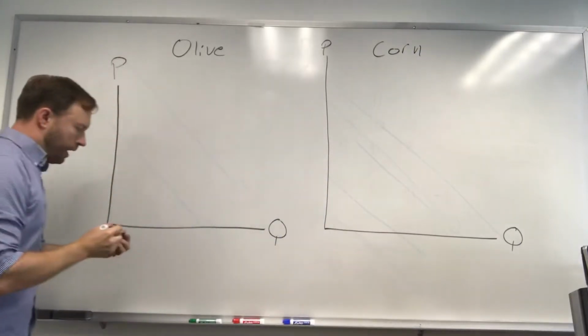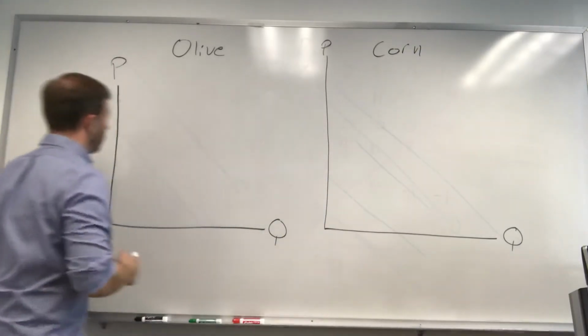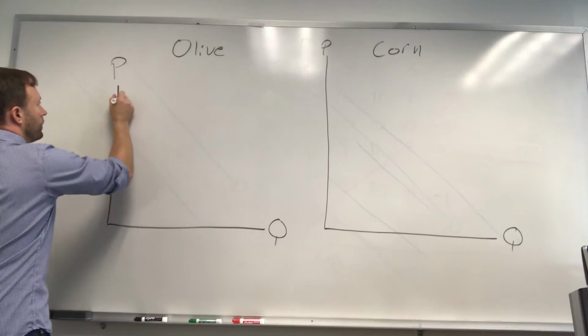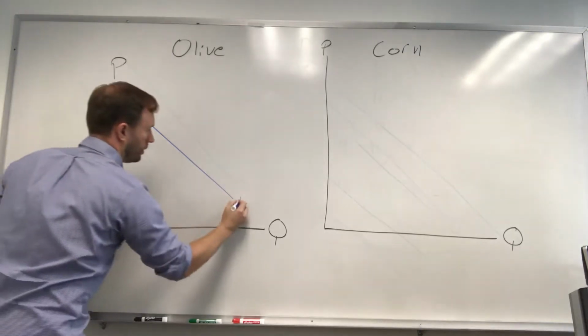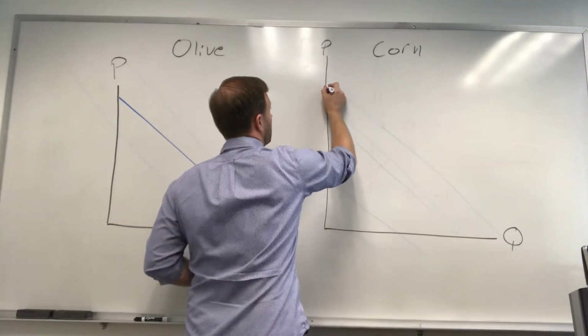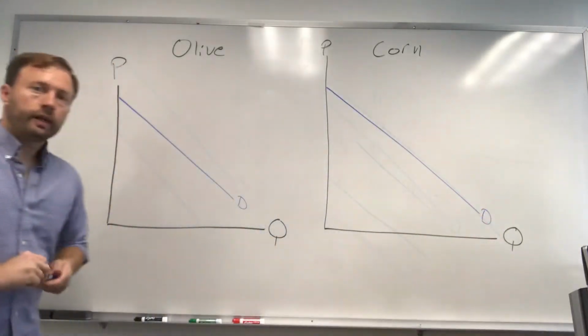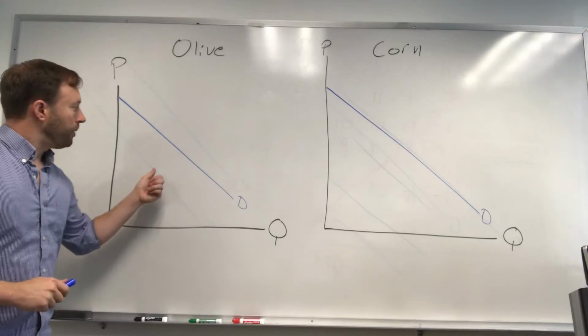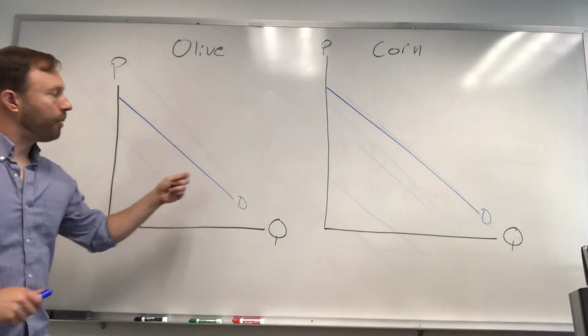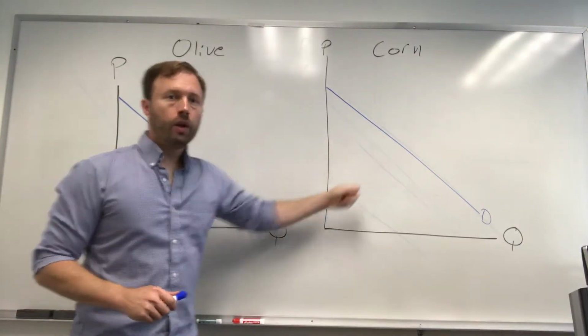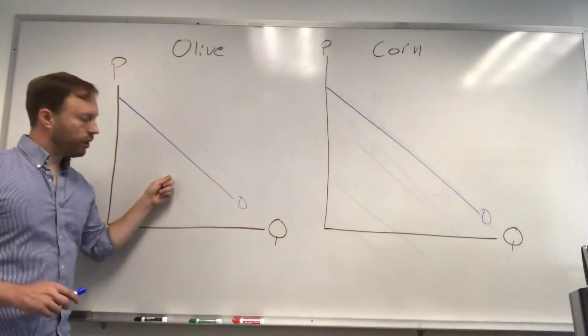Okay? Now, both of them have downward sloping demand curves. Draw those like that. And then the problem asks us, what probably happens to the demand for corn oil when the price of olive oil goes up?